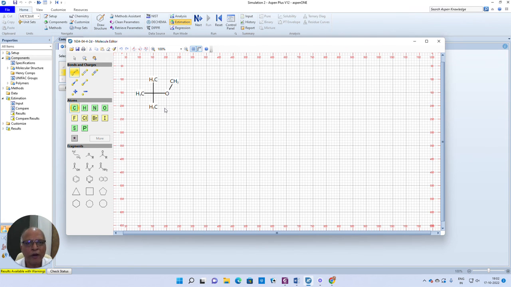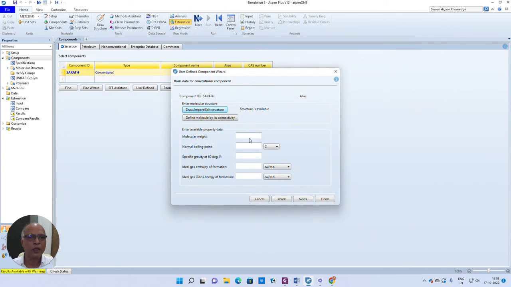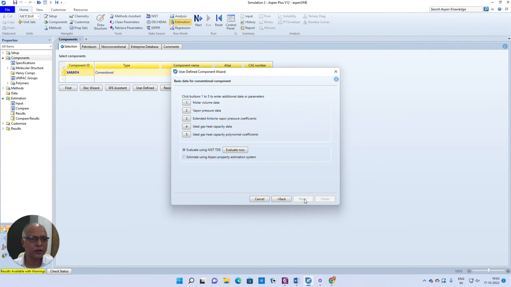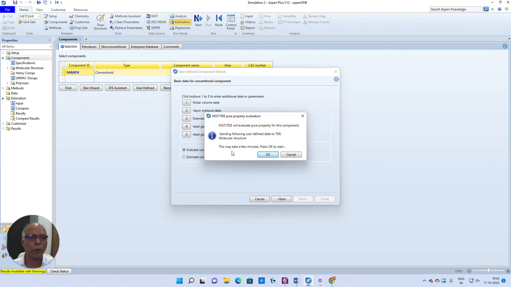So now you don't have to specify atom to atom the type of bonds. All that information will be retrieved from the molecular structure that is already available. So you can close down this window and then next. Now the moment you have the molecular structure, you will be able to evaluate the properties in the thermodynamic engine. Say evaluate now.